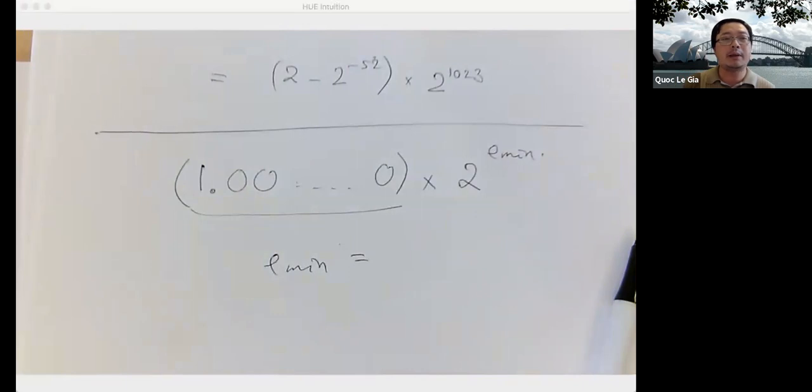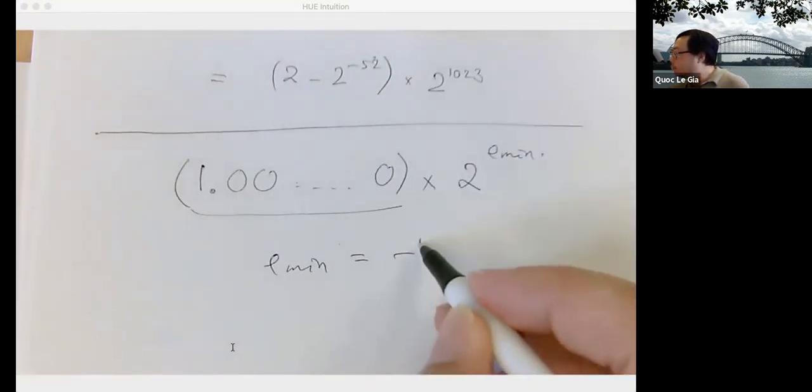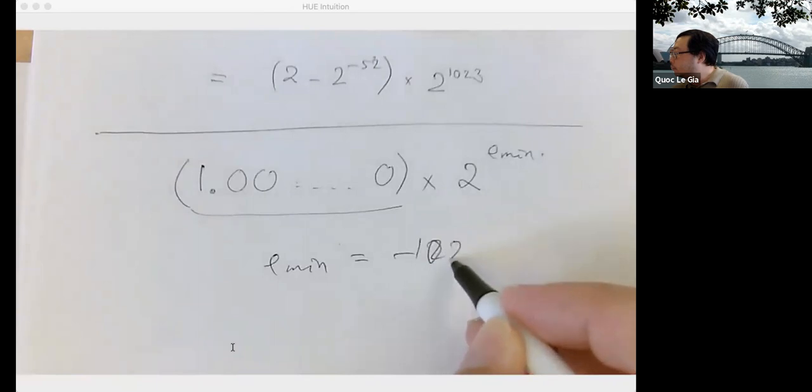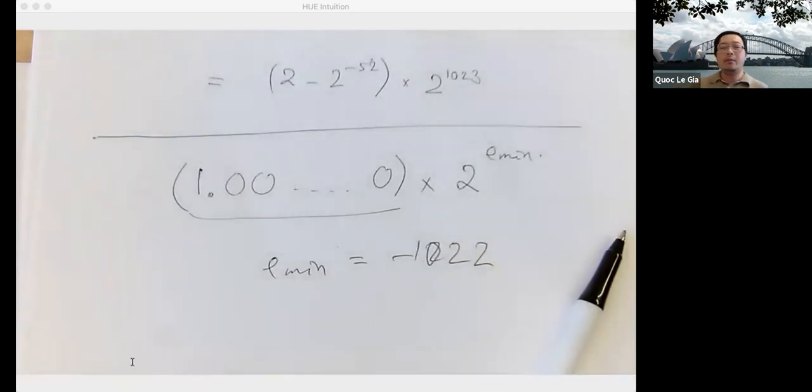If you look at my lecture notes, E min just equals minus 1022, right? So minus 1022.